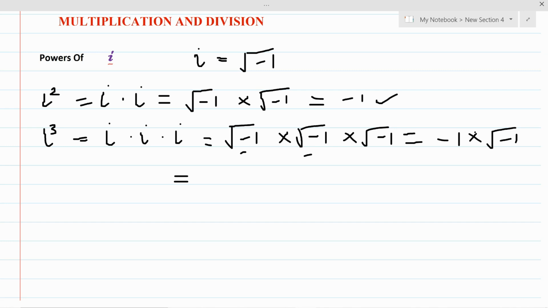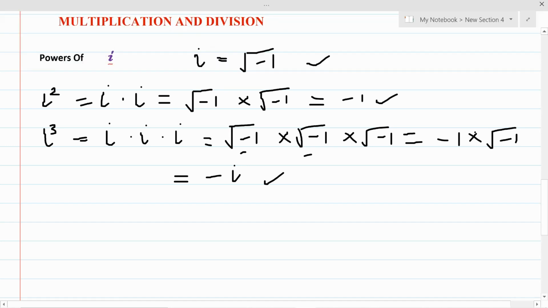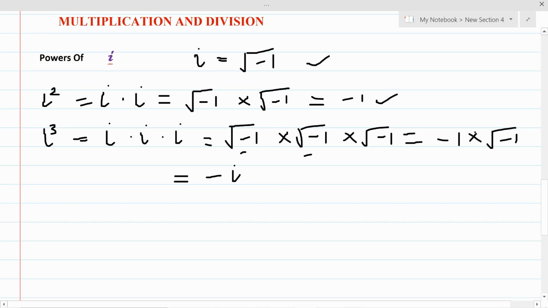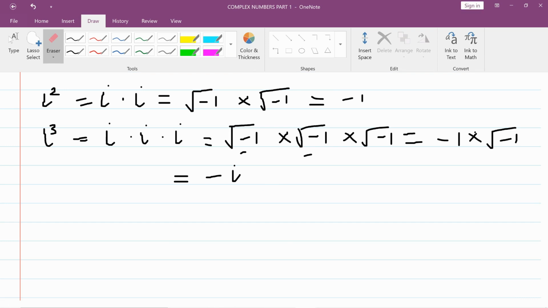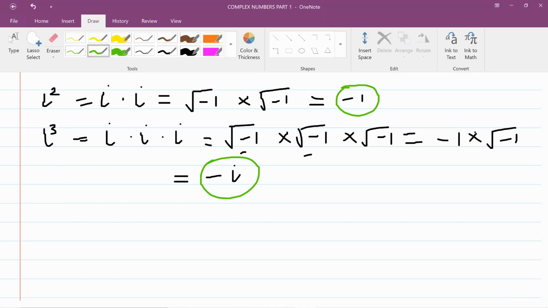We can't do anything about the square root of -1; you just represent it by i. So there's a -1 multiplying it, and it becomes negative i. Put this in mind also: i to the power 3 is always -i. These are the ones I'm circling.